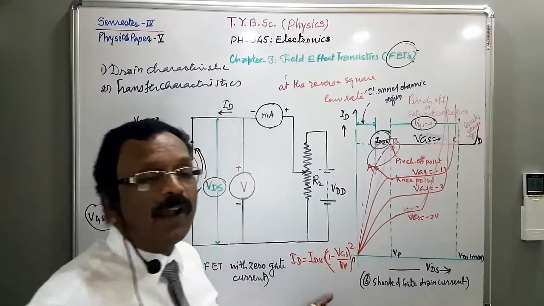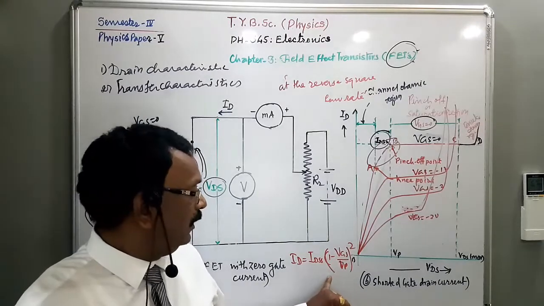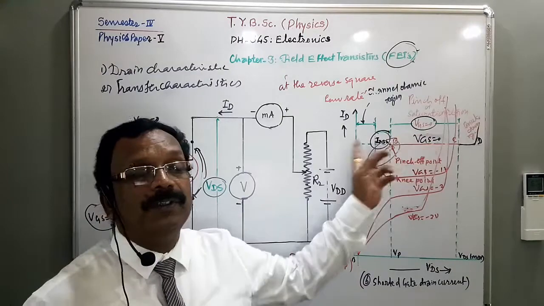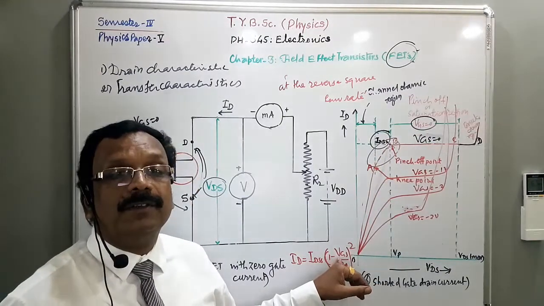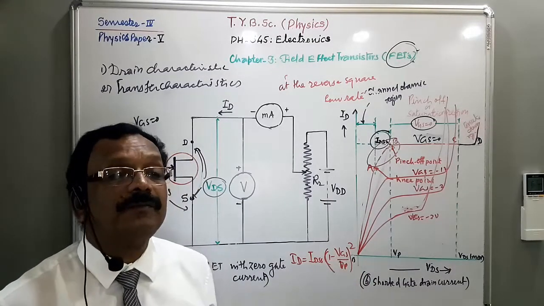This is the Shockley equation. From this equation, it is clear that the drain current in the pinch off region depends upon the gate to source voltage.